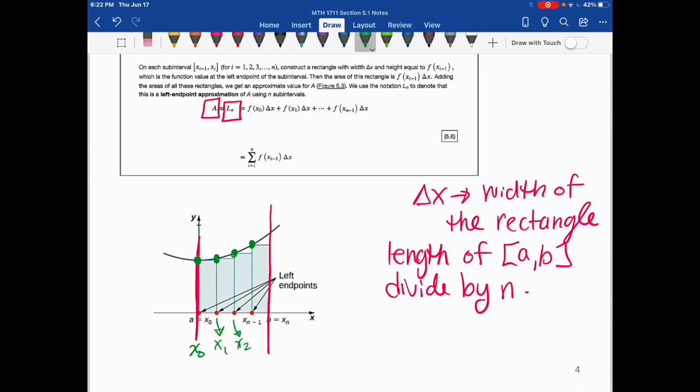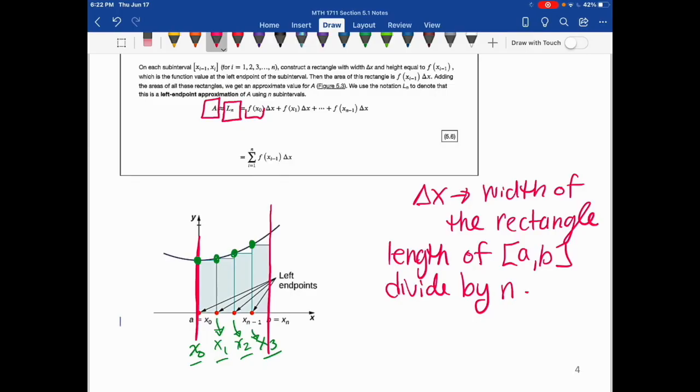So if this is our first point, x0, then we'll call this x1, and we'll call this x2, and this x3. So we have, in this case, 4 rectangles, and we have 1, 2, 3, 4 points. When we plug each of those 4 points into our function, that's going to give us the height of each rectangle.